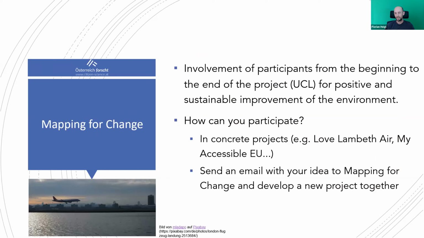UCL founded the Mapping for Change Institute to achieve a positive and sustainable improvement in the environment of citizens. So citizens come to the Institute's researchers with a specific question or problem and work together with them to design a project to answer that question.